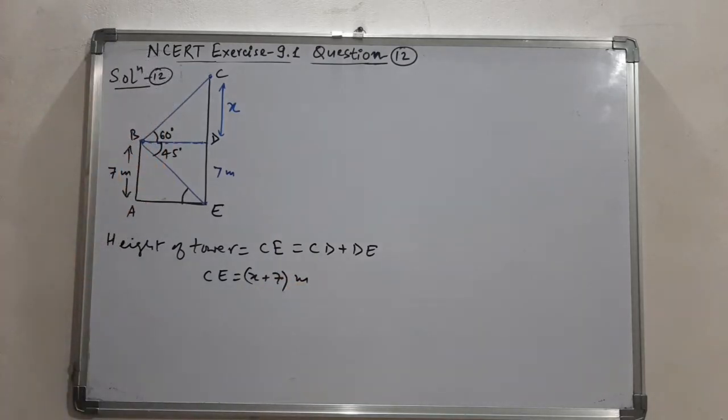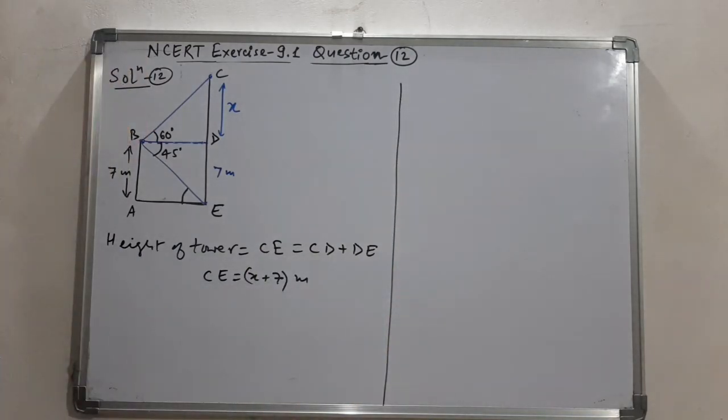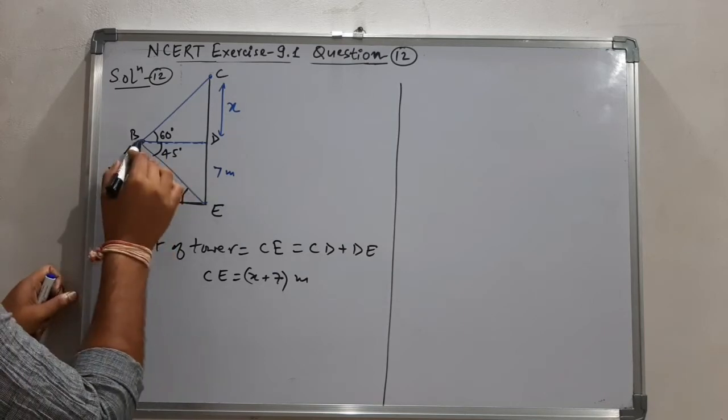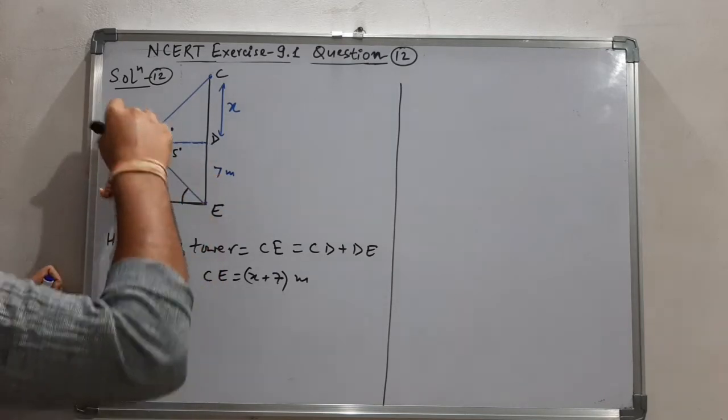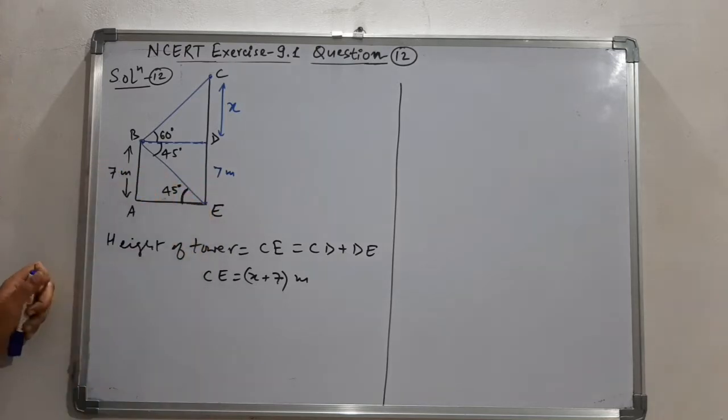Now our target is to get the value of X. So for this reason we will be using a very simple concept. If we look at this BD and AE, they are parallel, so BE is working as the transversal, so the angle E, which is here, is alternate interior angle, so this will be again the same, that is 45.